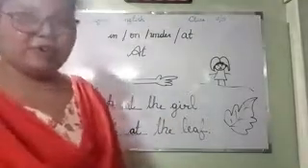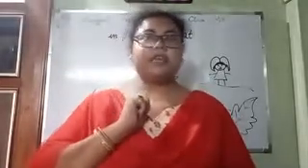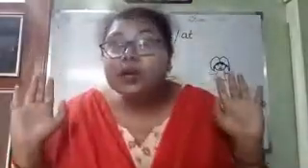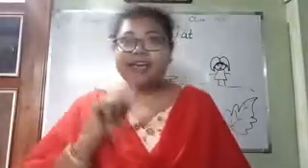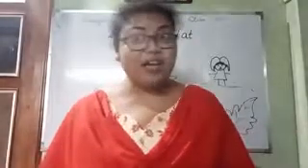Understand? I hope everybody understands. Now again I am practicing. If I say look at the butterfly, what is written? L-O-O-K, look. Beside look, what will you write? A-T, at. Look at the butterfly.